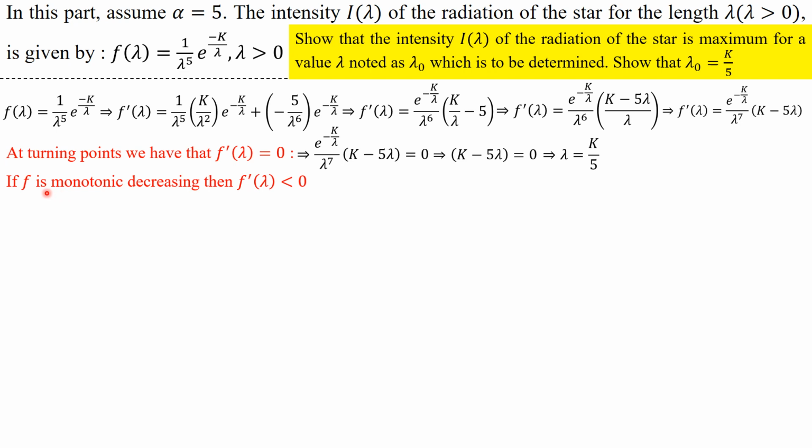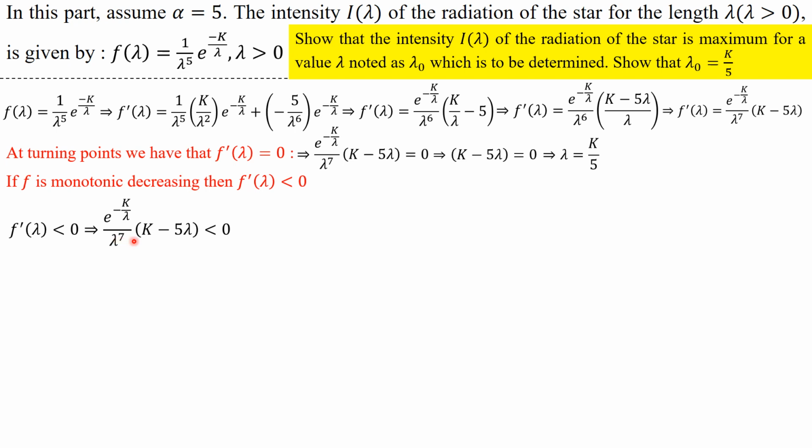Alright, so the function is monotonic decreasing if f prime of lambda is less than 0. So f prime of lambda less than 0 means that e to the negative k over lambda divided by lambda to the 7 times k minus 5 lambda is less than 0. Now this e to the negative k over lambda divided by lambda to the 7 is always positive, because the exponential in the numerator is positive, lambda is greater than 0, so lambda to the power 7 will also be positive. So the ratio between two positive numbers is positive.